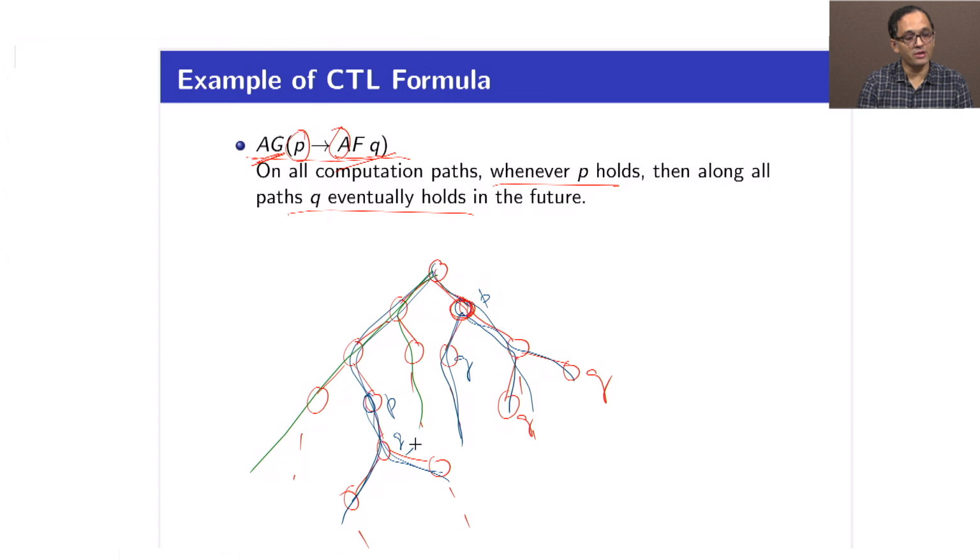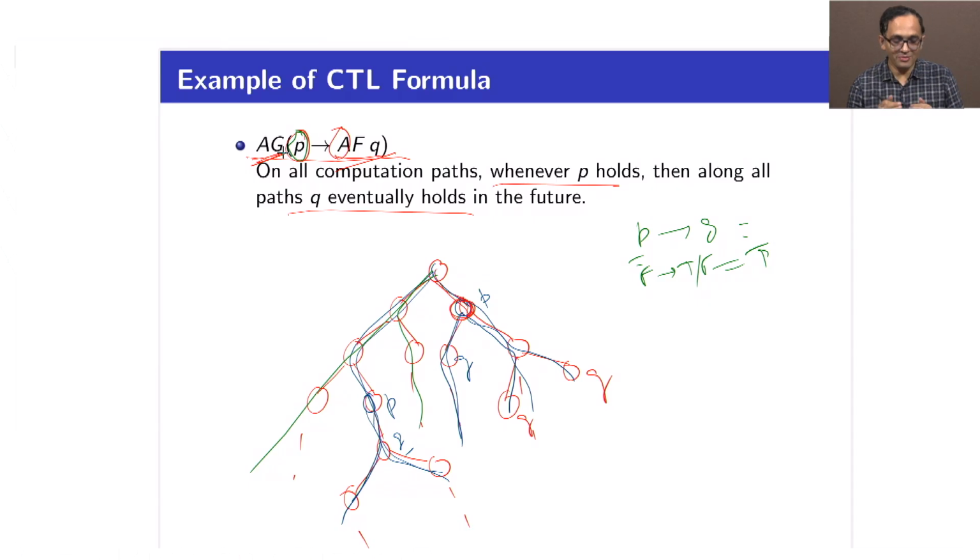In this path P never holds, right. So, that means this is false. Then also this property holds, right, because in P implies Q, if this is false, automatically this is true. I do not care if this is true or false, this will always be true. So, if P does not hold in some path, then the property is vacuously true.